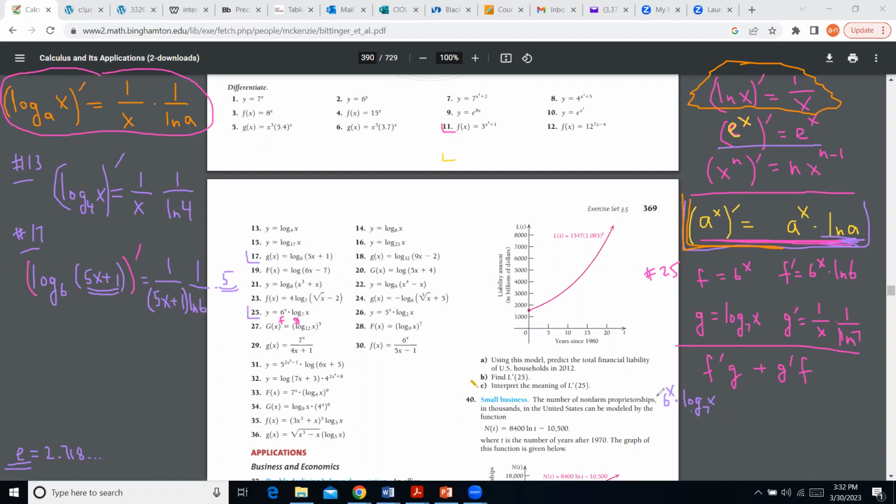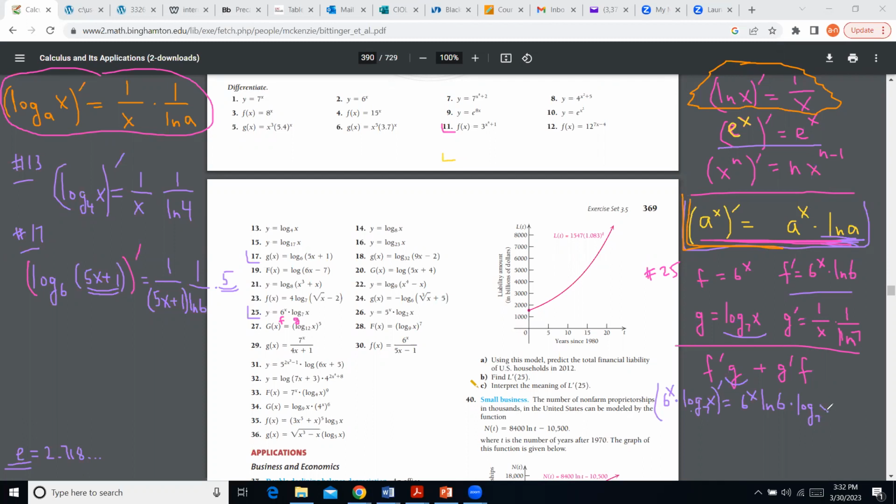So the derivative of this equals, now I have to put f prime, this 6 to the x times ln of 6, multiplied by g, right? And g is here, it's a logarithm base 7 of x.